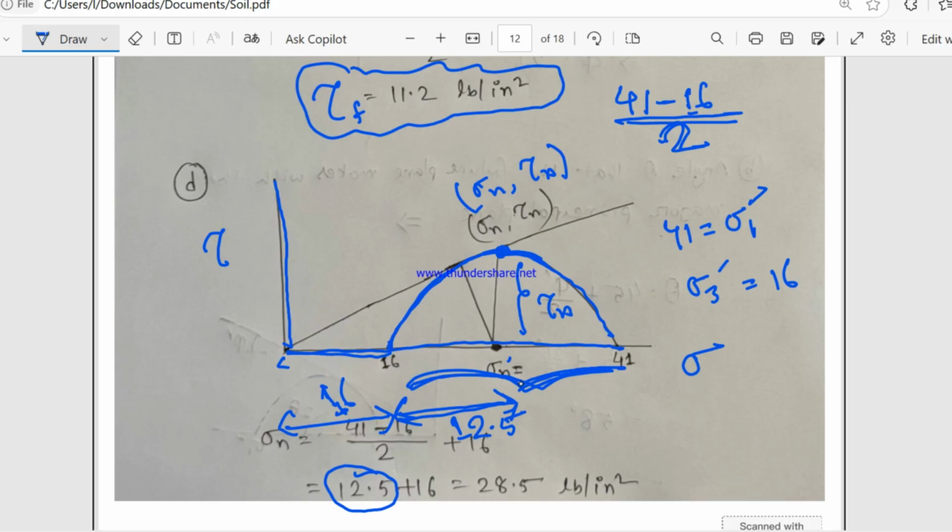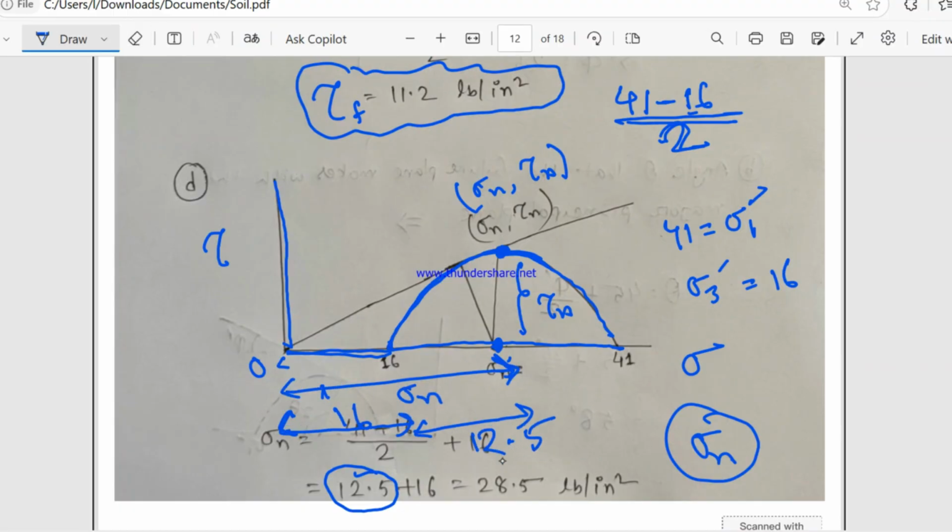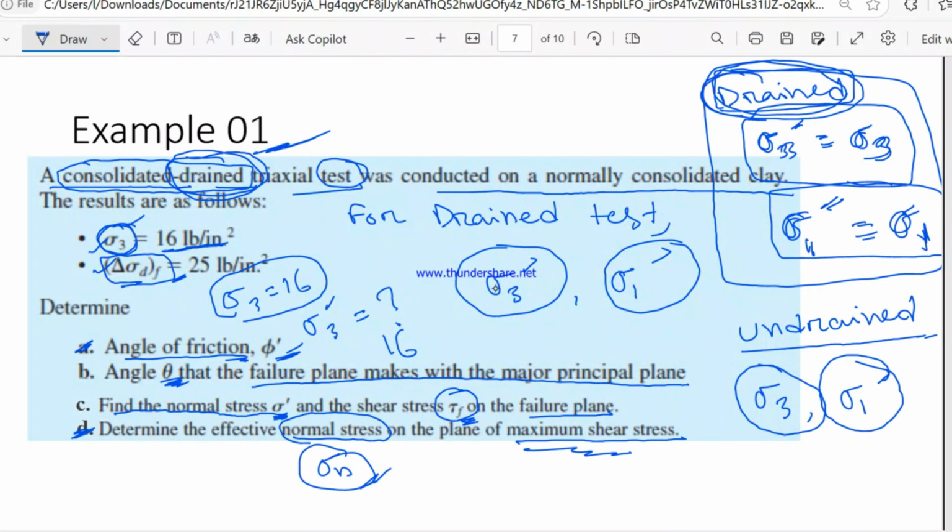So we have to find the normal stress sigma n, which starts from 0 and ends at this point. So this is 12.5 plus 16, which equals 28.5 pounds per inch square, which is the normal stress at maximum shear stress.